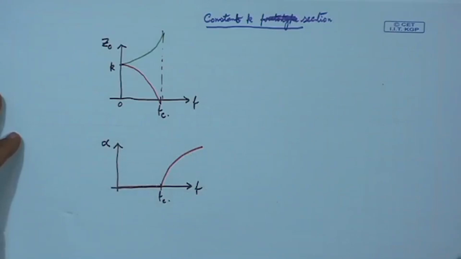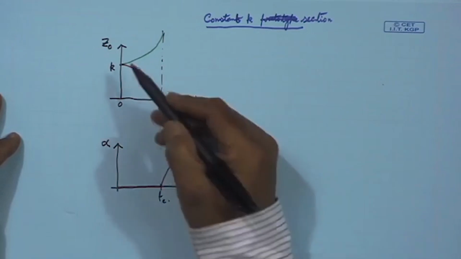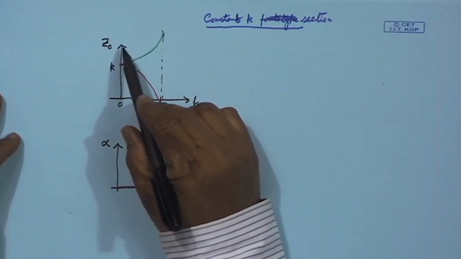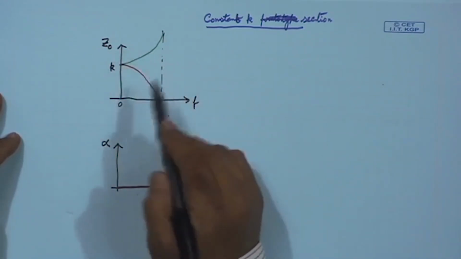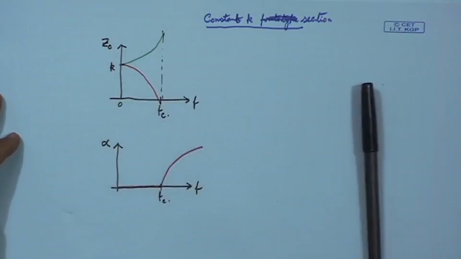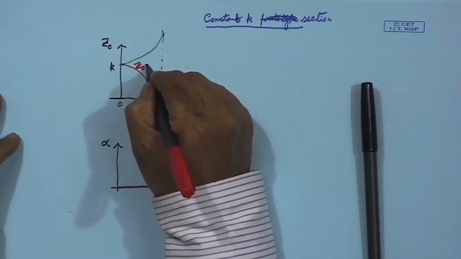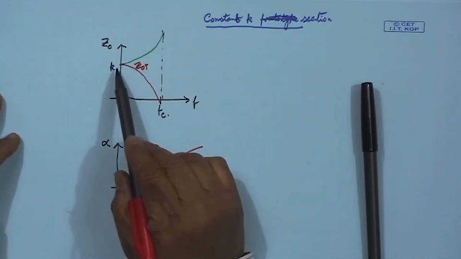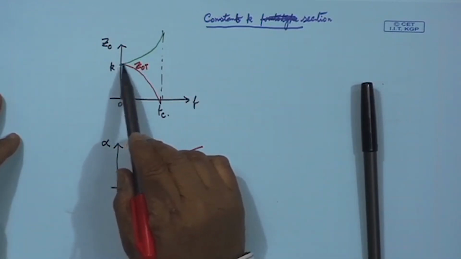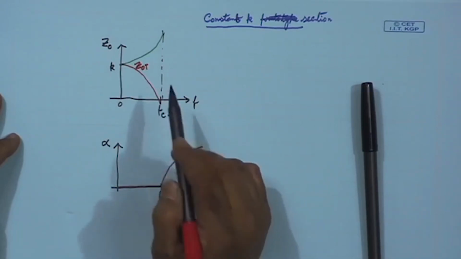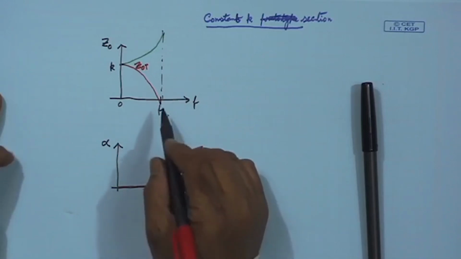If we look at the graphs we drew yesterday, the characteristic impedance of the section, if we take a T section, falls from a constant value k at 0 frequency to 0 at cutoff frequency.